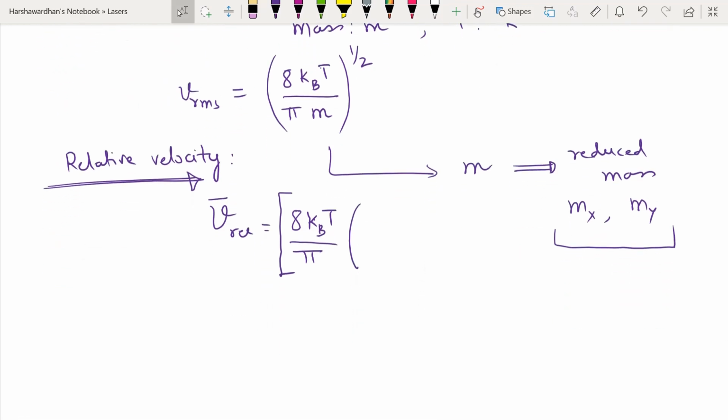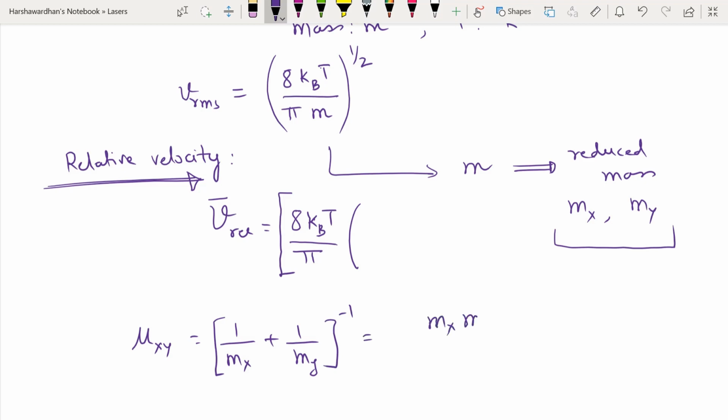Let me first give you the definition of reduced mass. mu xy is the reduced mass of the species. It is simply 1 by mx plus 1 by my, and the inverse of it. In other words, it is simply mx my by mx plus my. So this would be the reduced mass of the system.